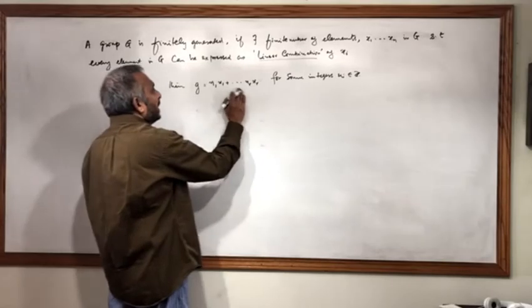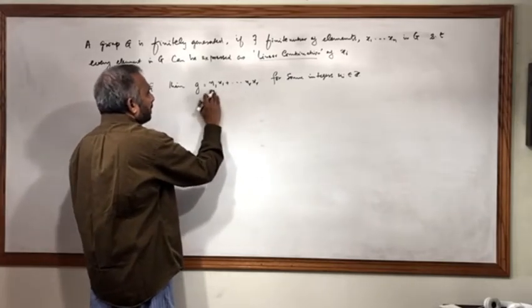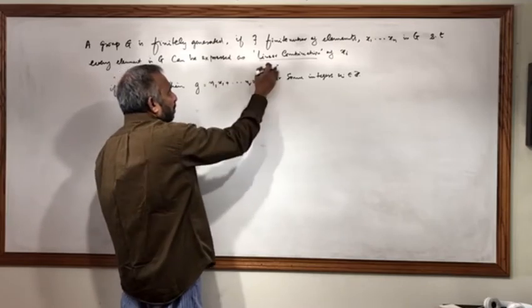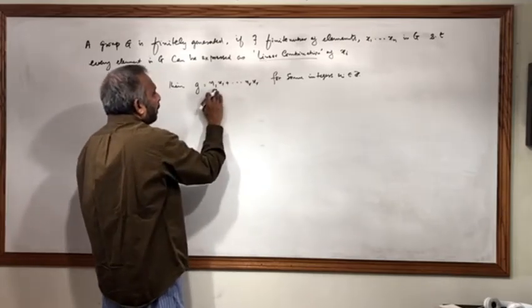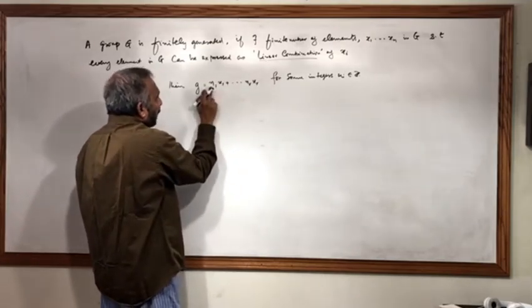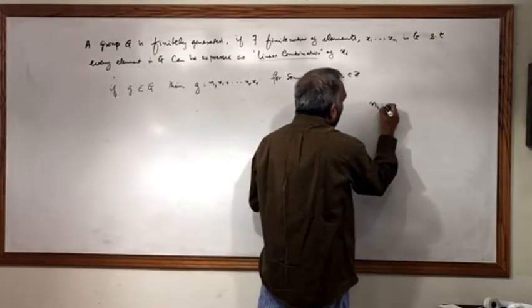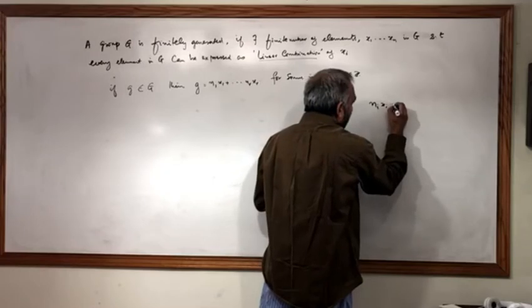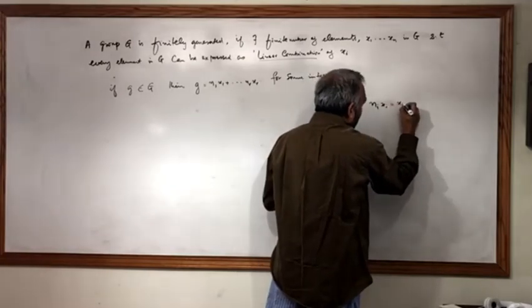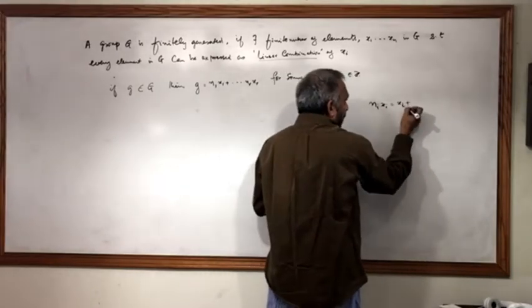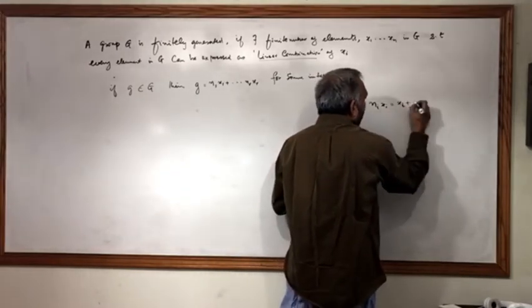This is not really a linear combination, but I'm going to borrow this definition from linear algebra. By ni xi I meant that xi's are added, or binary operated, ni times.